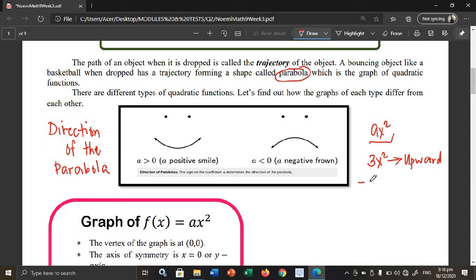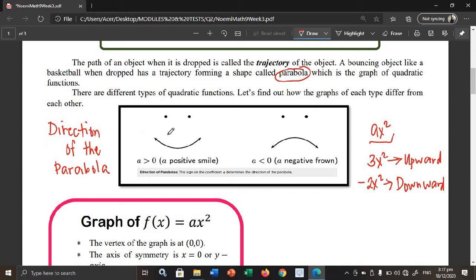Kapag naman yan, ginawa kong negative 2x squared, the parabola will open downwards. Bakit downwards? Kasi negative yung a mo, which is si A mo, less than siya sa 0. Negative number siya. Therefore, the parabola will open downwards. So, that is how this picture works.